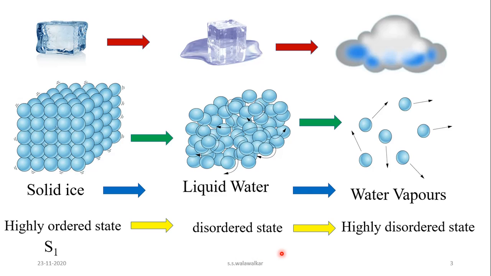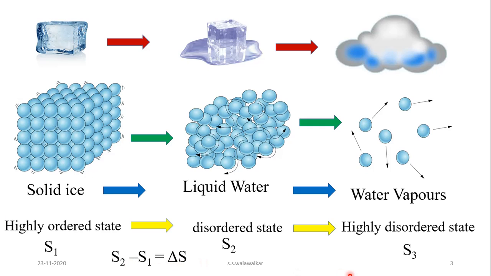Now suppose S1 is the entropy of solid ice and S2 is the entropy of liquid water. Then S2 minus S1, that is the entropy of the final state minus the entropy of the initial state, gives you the change in entropy.